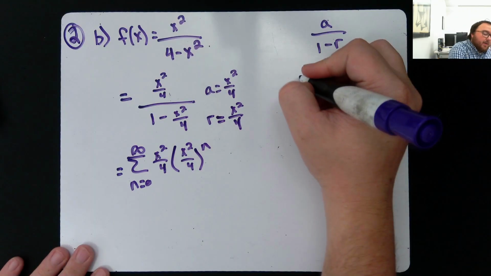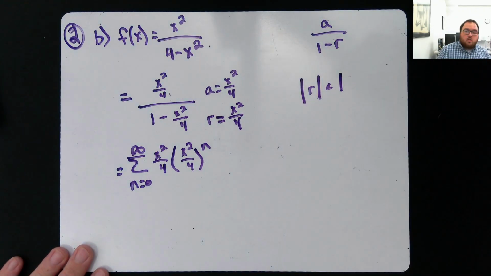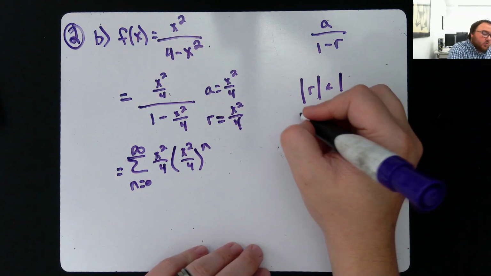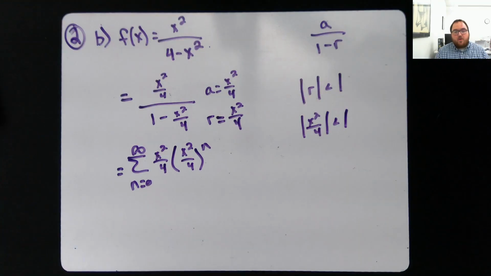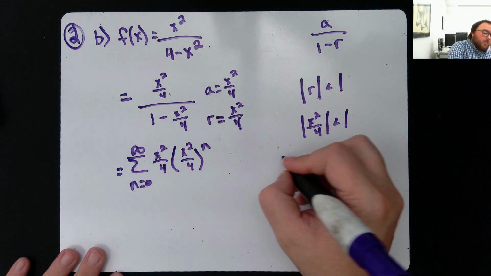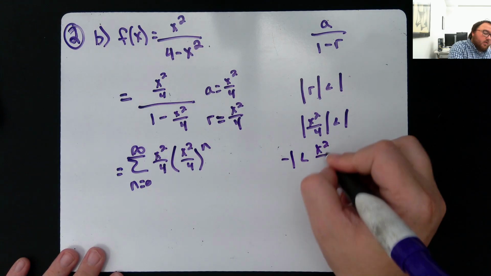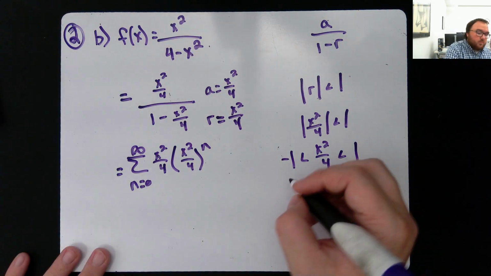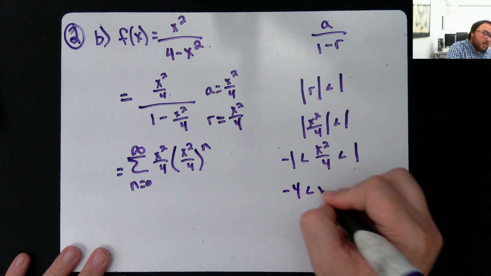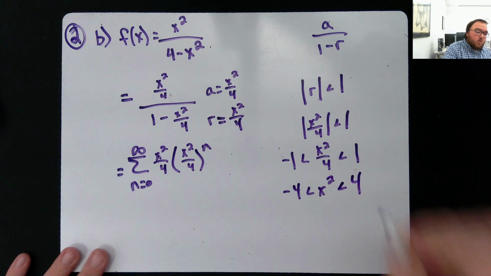Remember, we want the absolute value of r to be less than 1. R in our case is x squared over 4. Again, the absolute value means it could be -1 or +1. Multiply that by 4. -4 is less than x squared is less than 4.